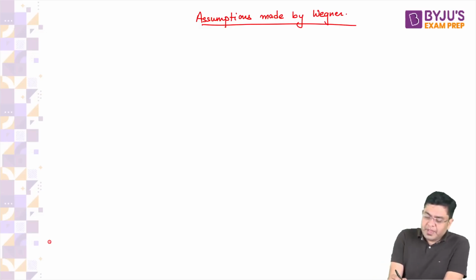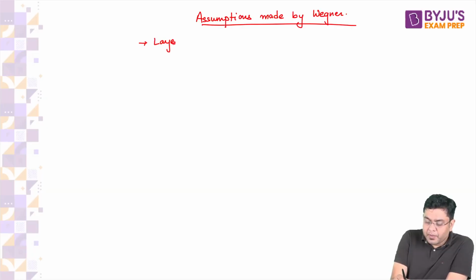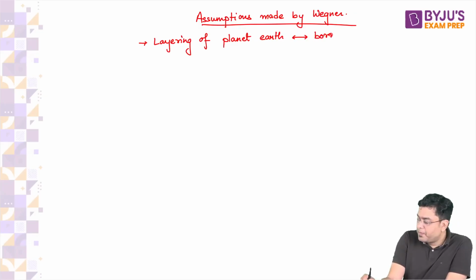So, the first assumption that he made was about the layering of planet Earth. This was borrowed from Edward Suess.